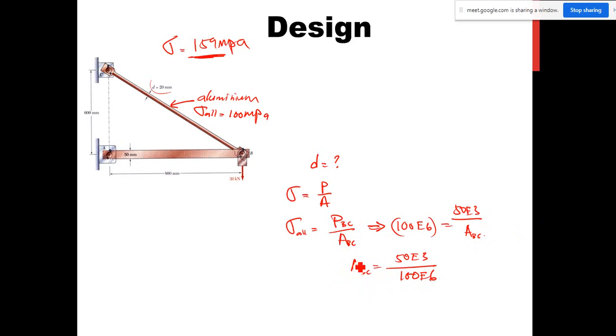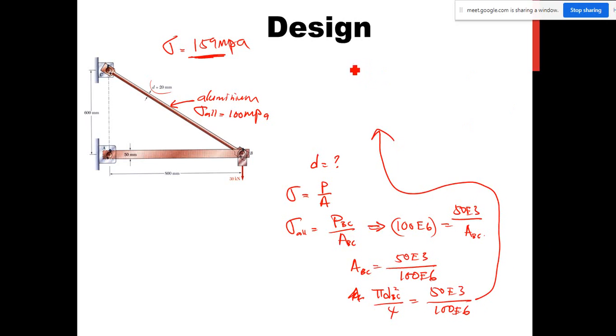And from ABC, we can calculate the D. So ABC is equal to pi dBC square over 4, which is equal to 50 exponent 3 divided by 100 exponent 6. So again, pi d square over 4 is equal to 50 exponent 3 over 100 exponent 6.